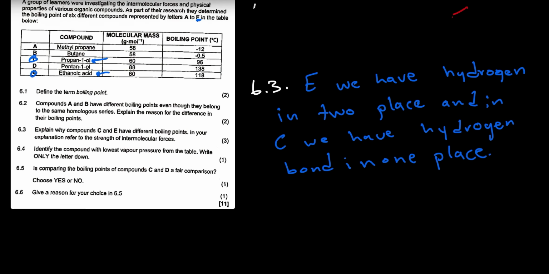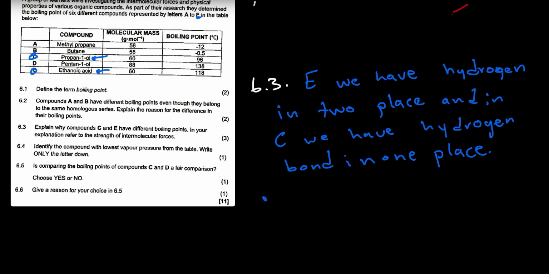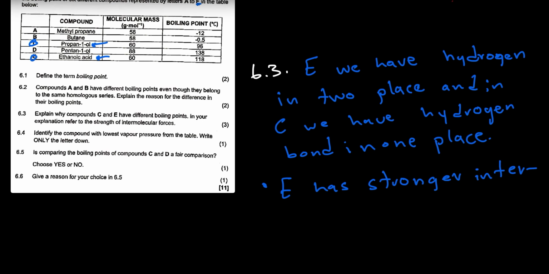So now what does that imply? This implies E has stronger intermolecular forces because now it has bonds taking place in two different sites. Okay, so we're going to say E has stronger intermolecular forces than C. Why is that?